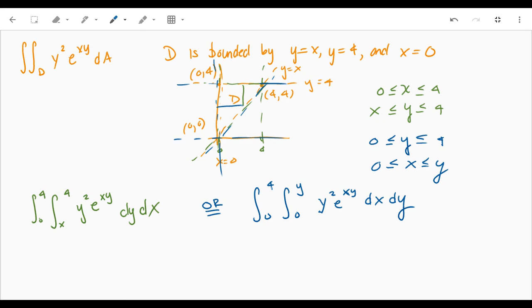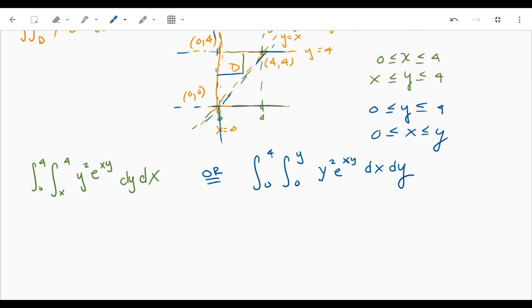Okay, we take a look at this. I want to take the integral with respect to y. I've got two guys going on there. Would this work by parts?